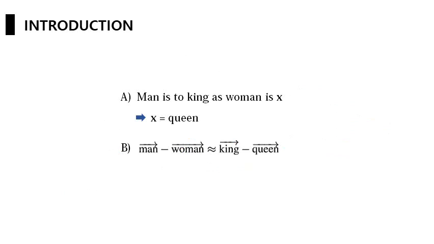For example, given analogy puzzle A, simple arithmetic of the embedding vectors finds that x equals queen is the best answer because of B. It is surprising that a simple vector arithmetic can simultaneously capture a variety of relationships.